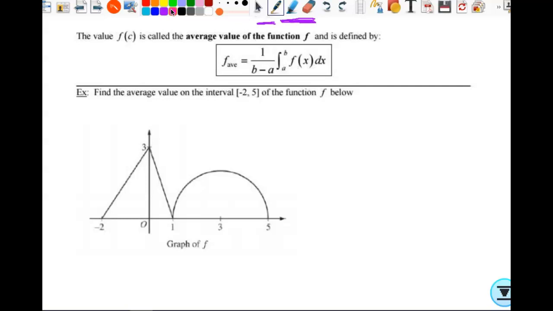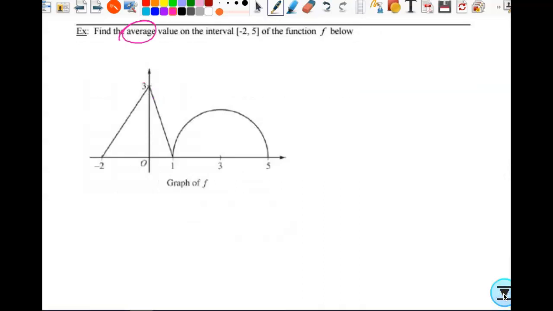I want to find the average value on the interval from -2 to 5 of the function f. That means the average of f is equal to 1 over, since my interval is from -2 to 5, 5 minus -2, times the integral from -2 to 5 of f of x dx.